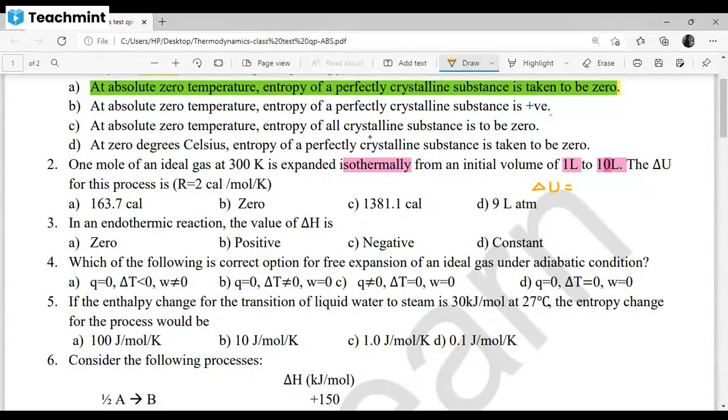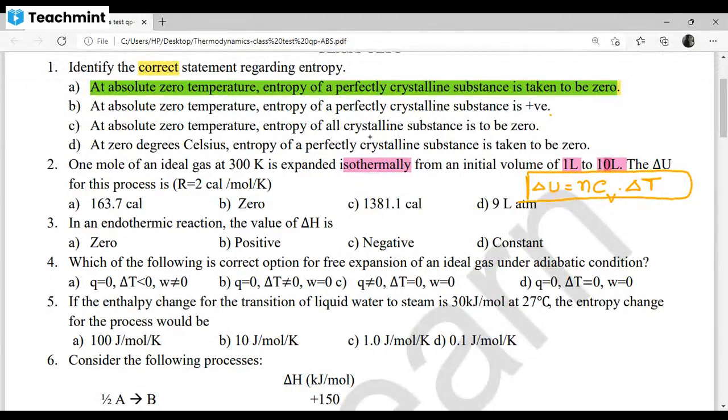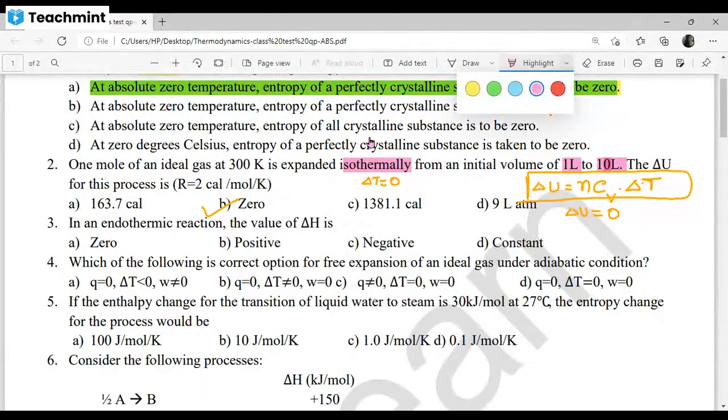But pressure is not given. Therefore, delta U is equal to n into Cv into delta T is the formula. Now in this formula, already it is mentioned isothermally. Isothermally means delta T is 0. If delta T becomes 0, delta U also becomes 0. Therefore, option B is the answer. Which is the right answer? Option B is the right answer.